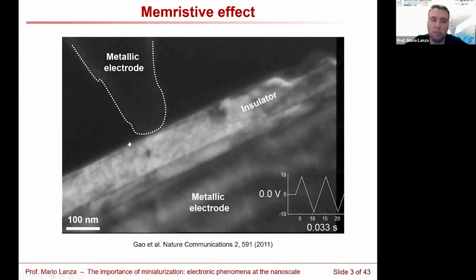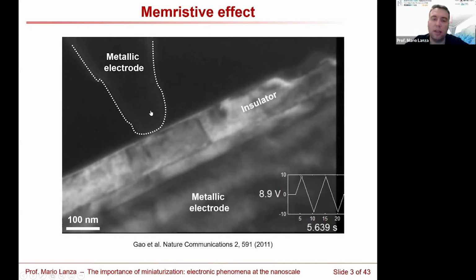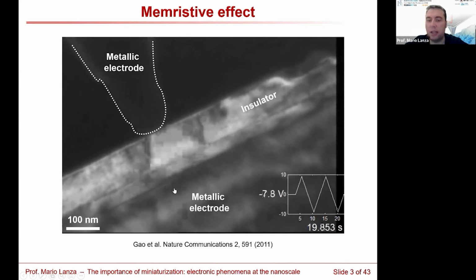And here there is another metallic electrode that is a conductive tip. So you can see that when we increase the voltage applied between the 2 metallic electrodes, the physical properties of the material, the morphology of the insulator, change. And this changes the electrical current flowing between the 2 metallic electrodes.